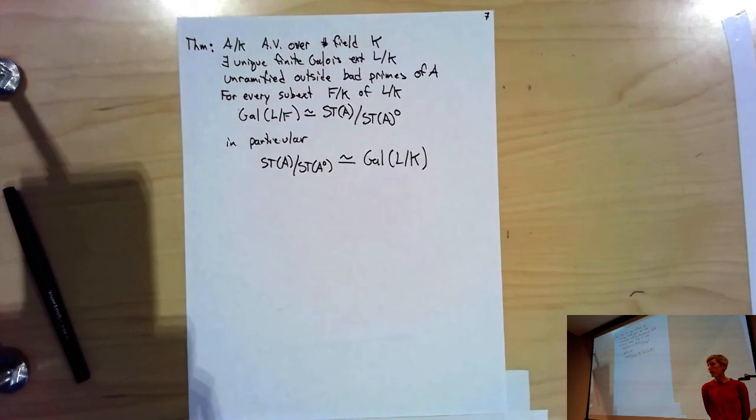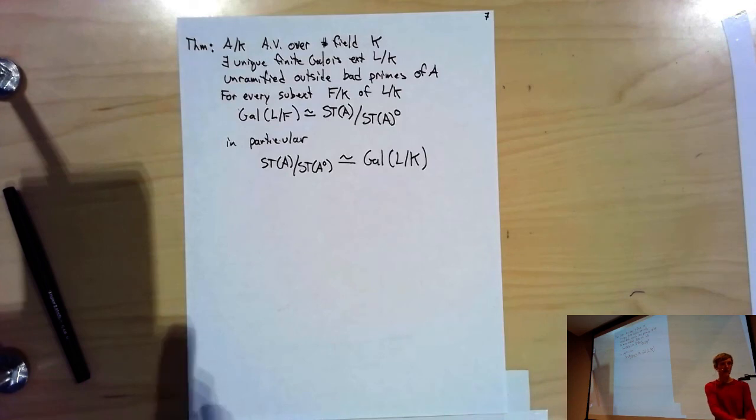Questions for Drew? Yeah, so this last theorem reminds me of the main theorem of class field theory. The proof is very simple, but it's sketched out by Serre in a section of his book, and mind-bogglingly, I didn't notice it until I was preparing the lectures for this.